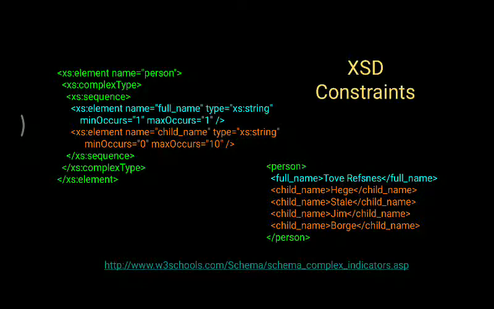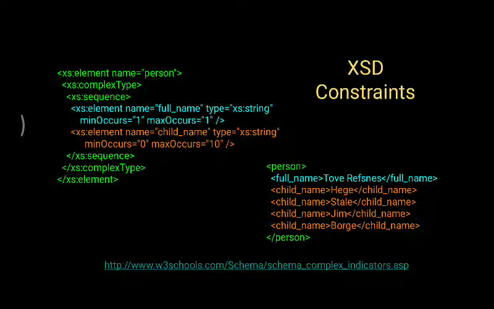So XSD constraints. For some types of data, we will be having some constraints. So depending on those constraints only, we have to write the data. Now there is one example here. Just have a look at this. xs:element name equal to person, xs:complexType, and under the sequence we will be writing one element.